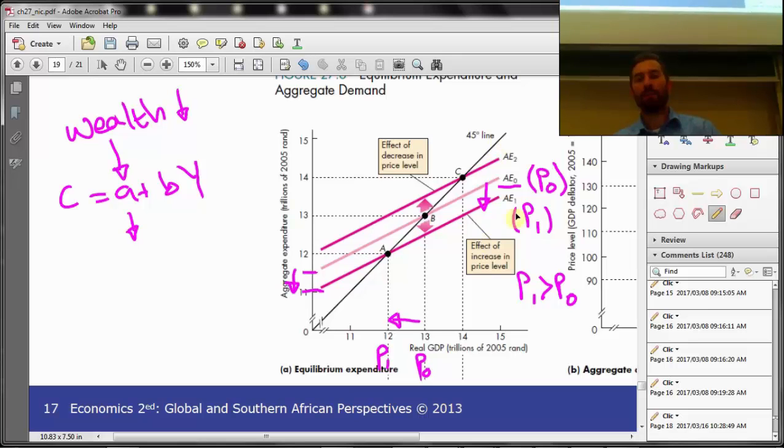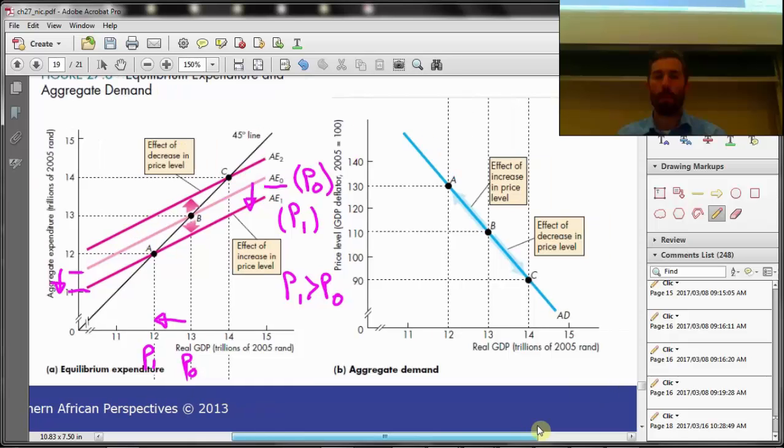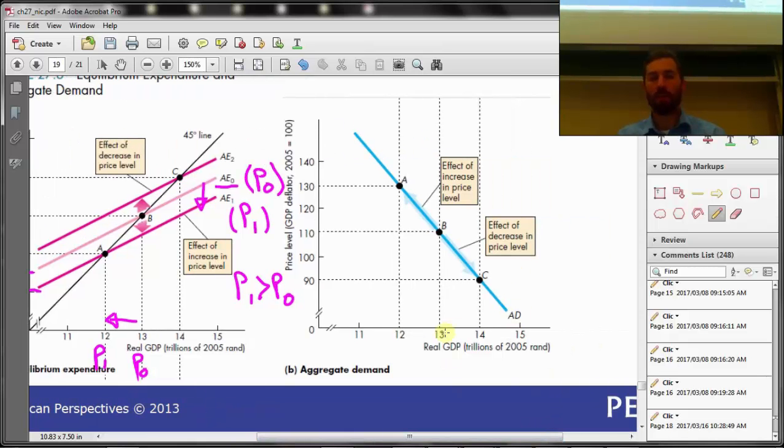So what do we have here? We have that an increase in prices, right? So from P0 to P1, an increase in prices does what to the quantity of output, the equilibrium output that we can afford to purchase? It decreases.